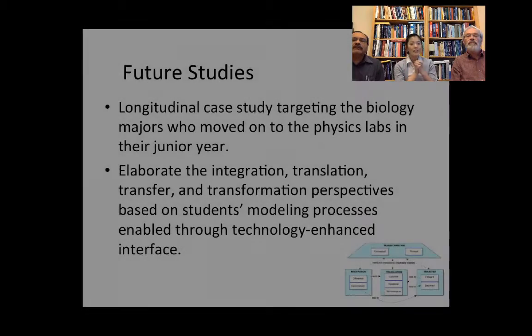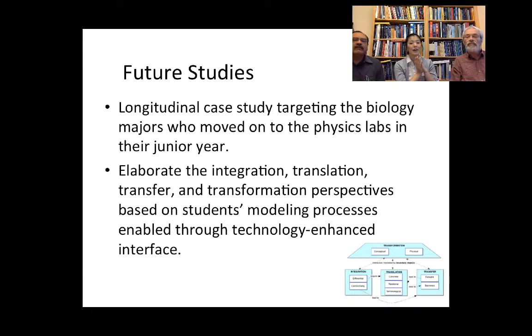For future study, as Jean pointed out, this was a preliminary study administered in the freshman year. Now they are moving to their junior year, and they will collect more data, concentrating more in the physics context to see how much the students can retain their knowledge. And we will also elaborate by means of case studies or interviews.